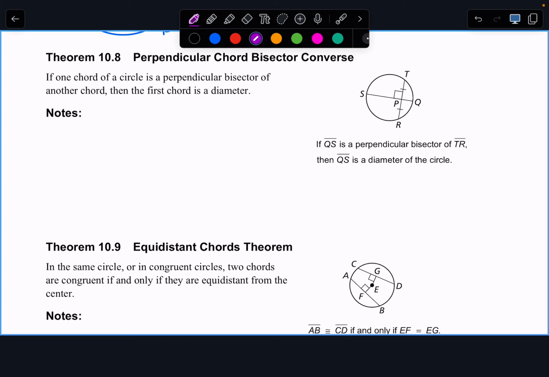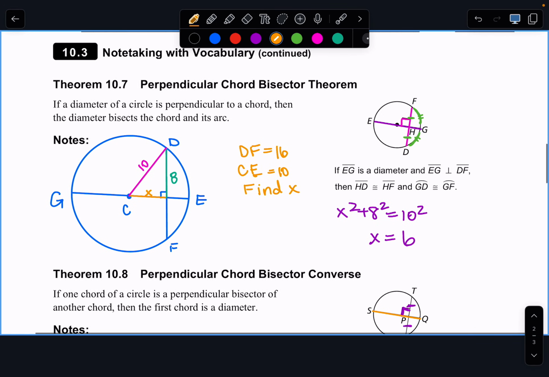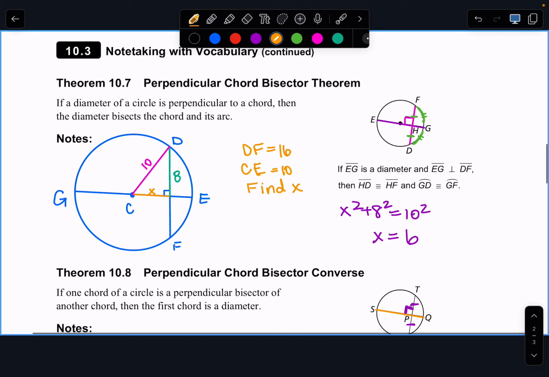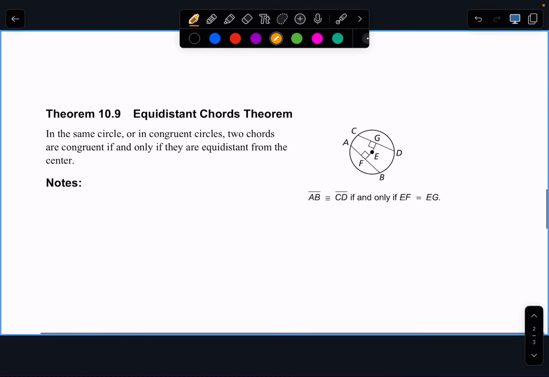So what we know is we have a perpendicular chord that's being bisected, which makes SQ a diameter. So it's pretty much just going backwards. Wait, how do you know it's a diameter? Because it's the reverse of this right here.